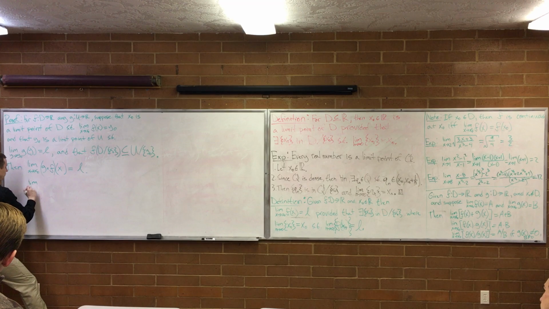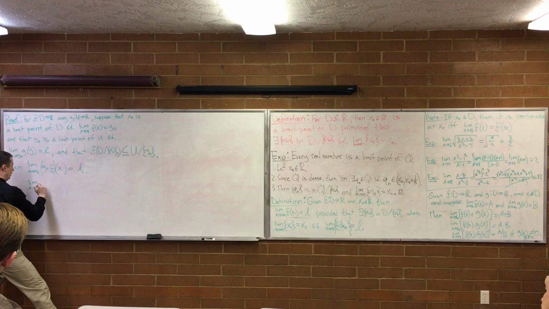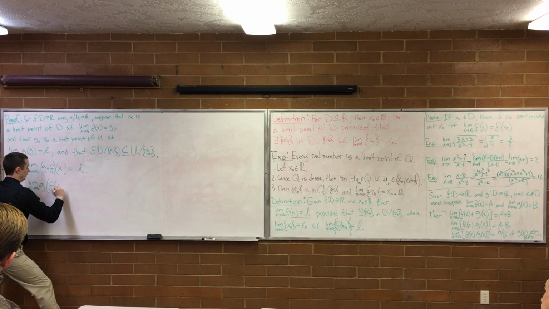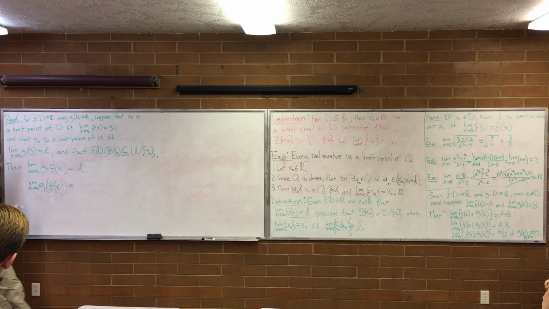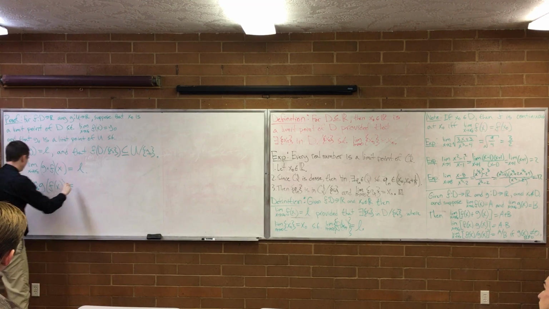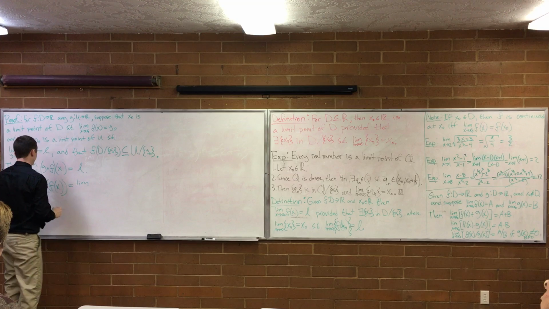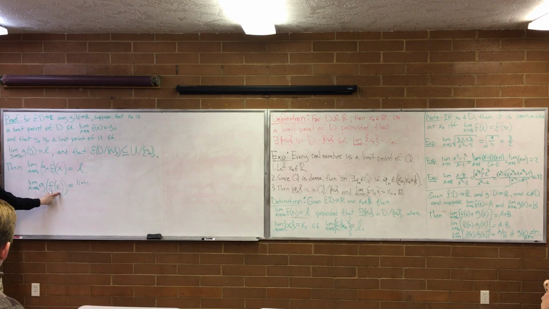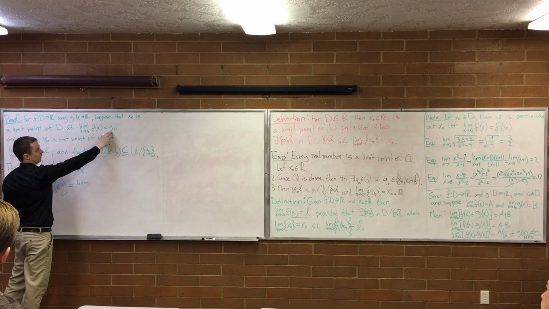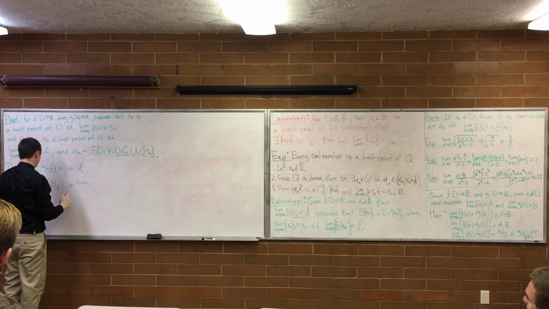We would write this as the limit as x goes to x naught of g of f of x. The limit of f of x as x goes to x naught is going to be y naught, right?